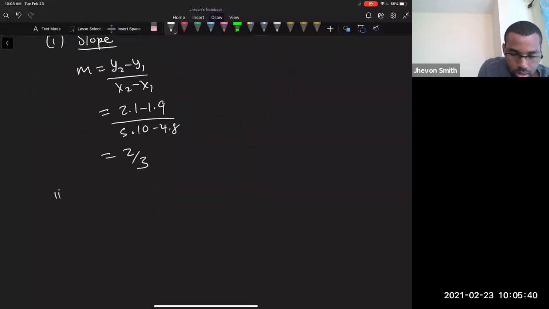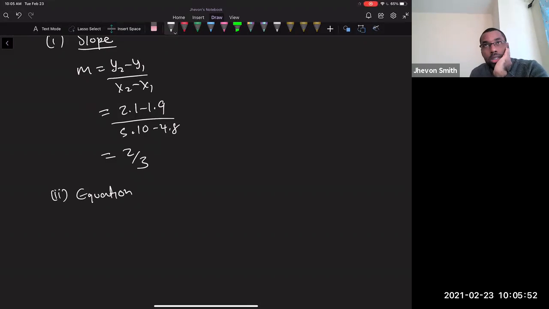Two, I'm going to find the equation. Now, there are a couple ways you can go about this. A lot of students know about the y equals mx plus b version. And so what you can do is plug in the x and the y and the m, solve for the b, and then go back and get the equation. Or you could use something called the point slope formula, which is my personal preferred method.